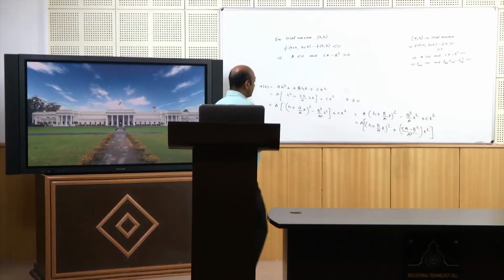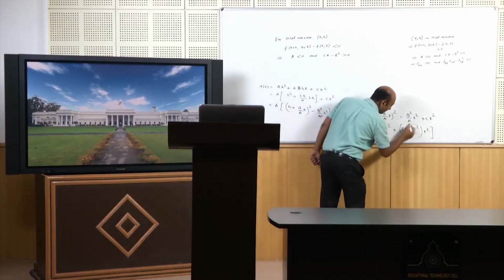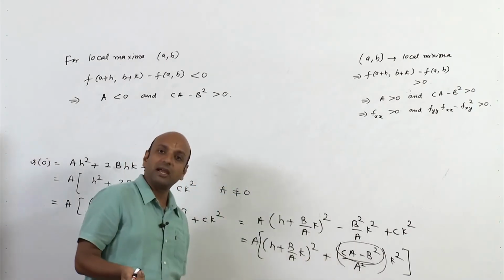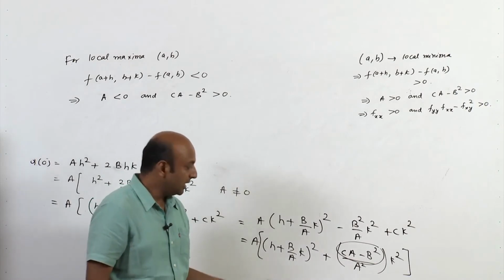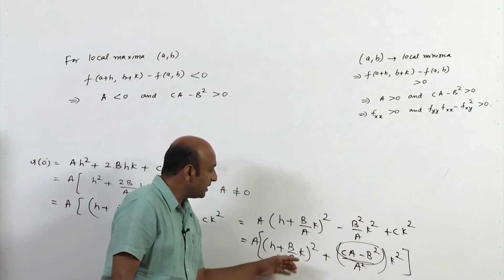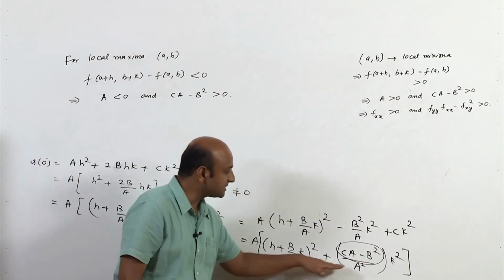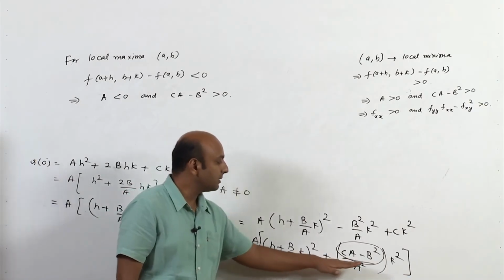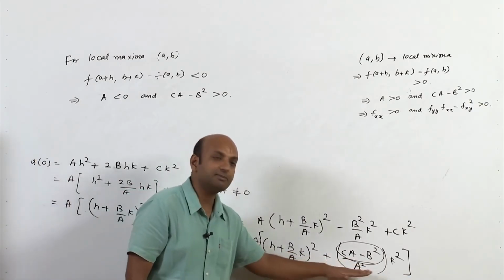Now, if this value is negative, whether a is positive or negative hardly matters. If this value is negative, then for some h and k this minus this may be negative, and for some h and k this minus this may be positive.